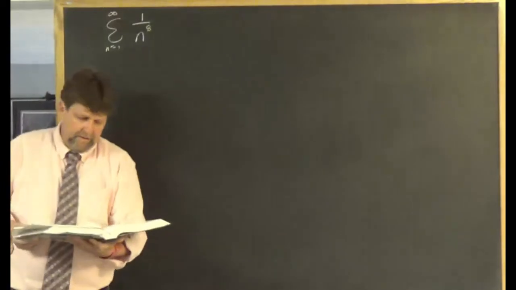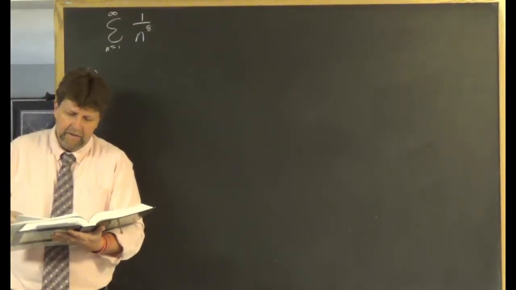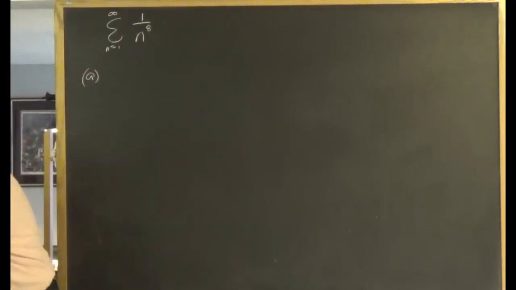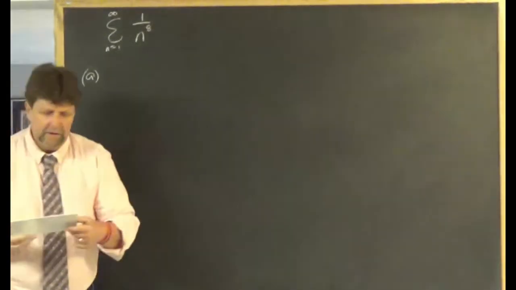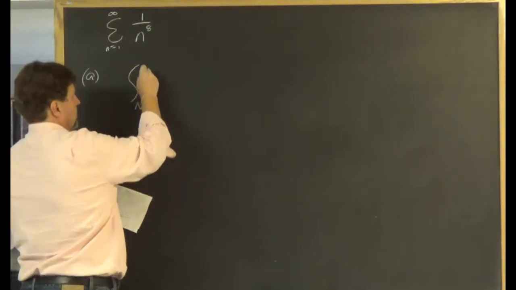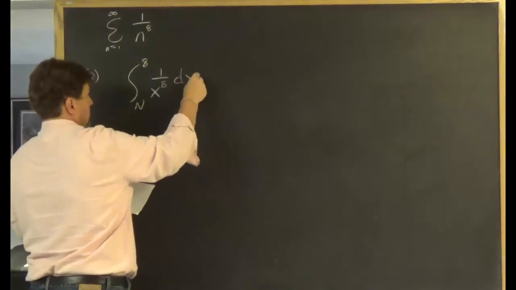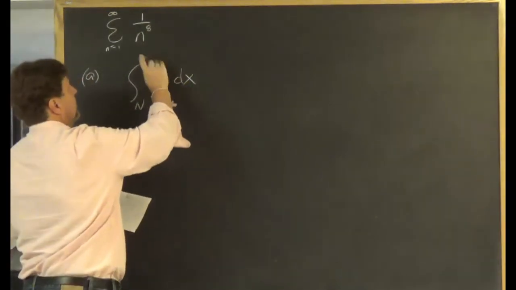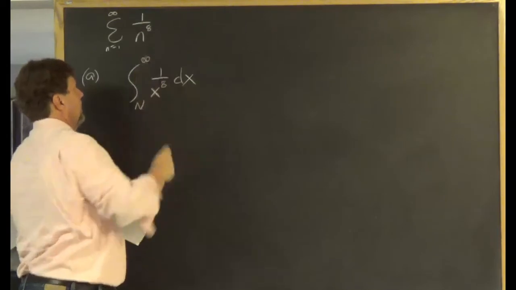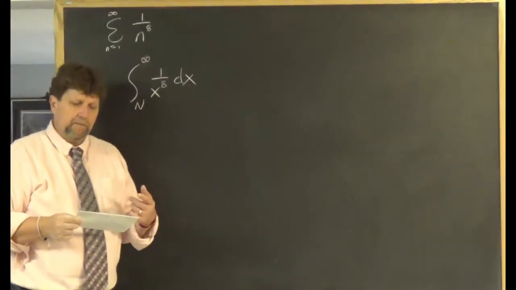When I read the directions for 41 through 44, Part A says find an upper bound for the remainder in terms of n. Well, that remainder is bounded by the integral from n to infinity of 1 over x to the 8th dx. That's what it's bounded by.